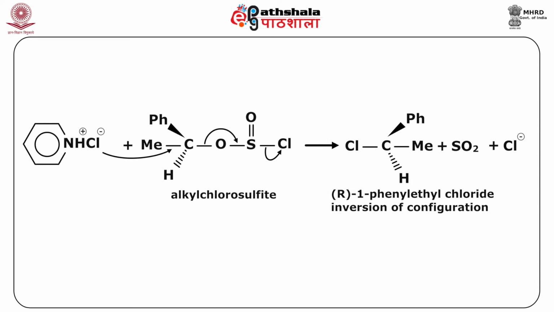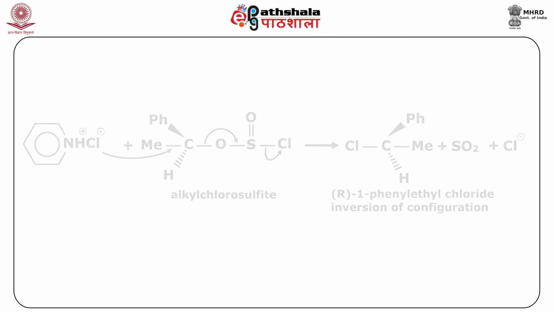The pyridine reacts with HCl, hydrochloric acid, produced in the first step to form pyridinium hydrochloride, and the chloride ion, being an effective nucleophile, attacks the alkyl chlorosulfite from the back via a normal SN2 reaction. Thus, we can say that in the presence of pyridine, the reaction follows the SN2 mechanism, while without pyridine, the same reaction follows the SNi mechanism.